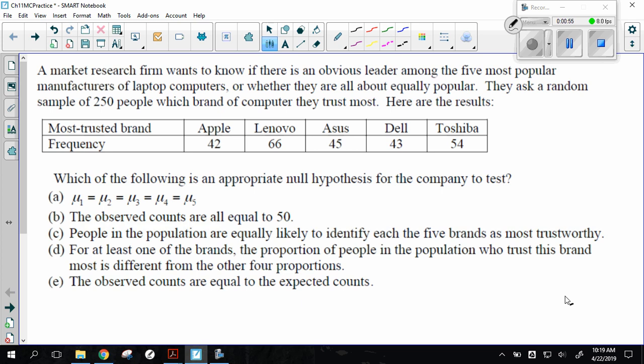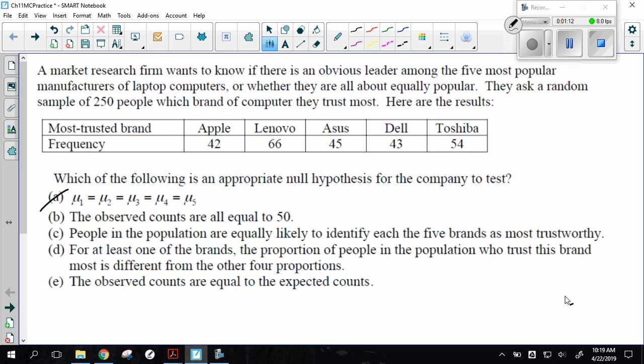And we would never use mean for this type of test, so we can get this one out. The observed counts are all equal to 50. Well, that's not true.